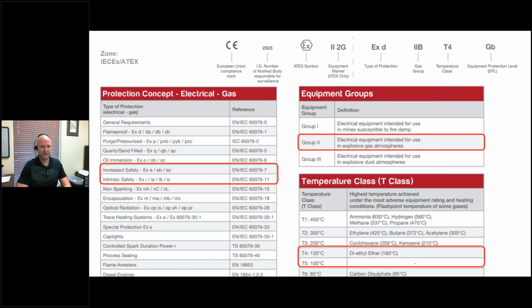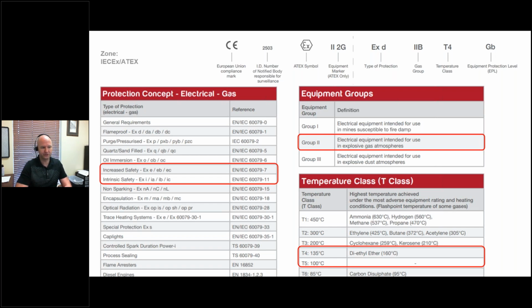And with intrinsic safety, it means that any kind of switches, connectors, button presses, anything that may cause an energy discharge to occur is below an intrinsic level that would cause an ignition. Okay, so that's what intrinsic and increased safety is. Group 2 is actually classified for the electrical equipment, for use.